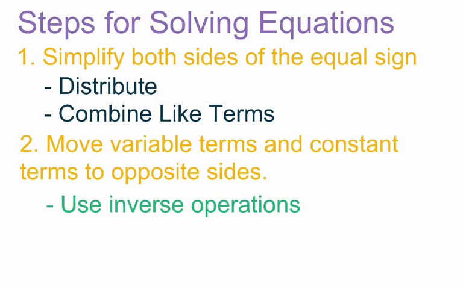So we distribute and then combine like terms, and only after each side of the equal sign is completely simplified, meaning we have a variable term and a constant term and those are the only things that remain on either side, do we use inverse operations to move variable terms and constant terms to opposite sides. Alright, let's take a look at some examples.